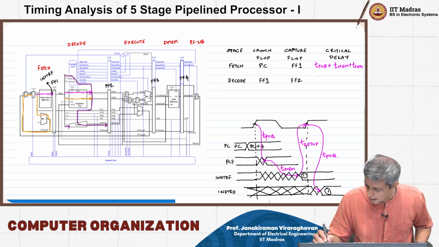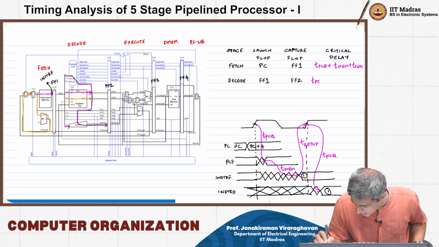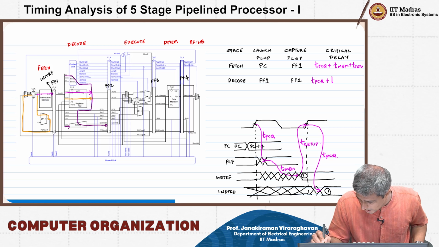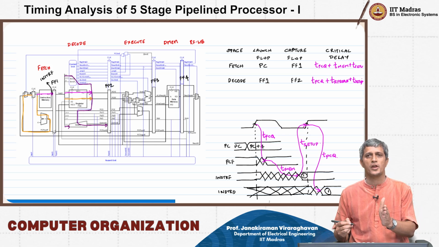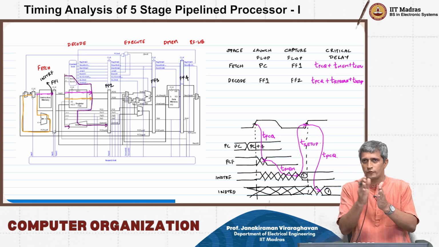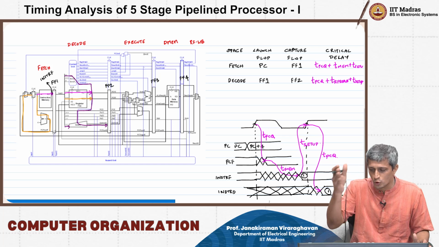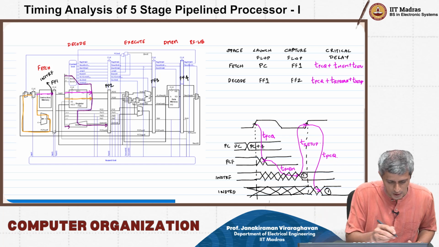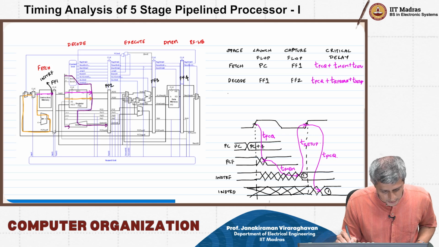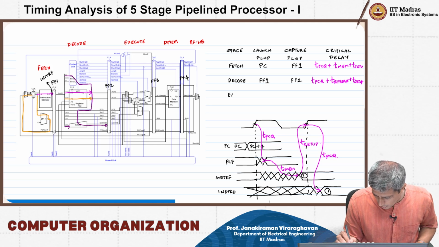So this will again be TPCQ plus T register file read plus T setup, because after the register file read you have to set it up before the next clock hits for flip-flop 2 to capture appropriately, right? So now I come back to the next stage, which is execute.